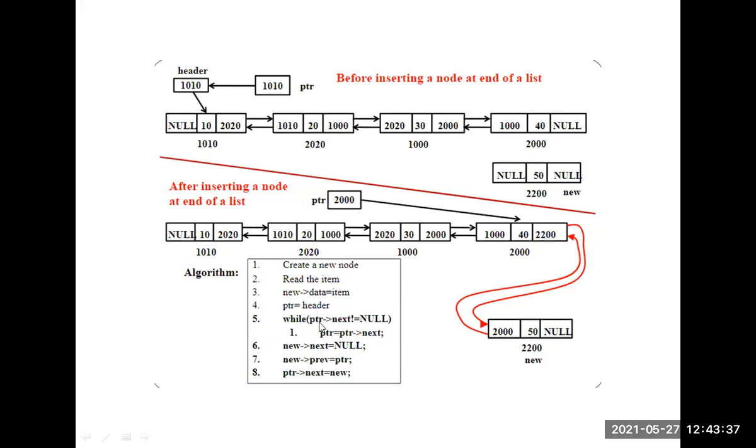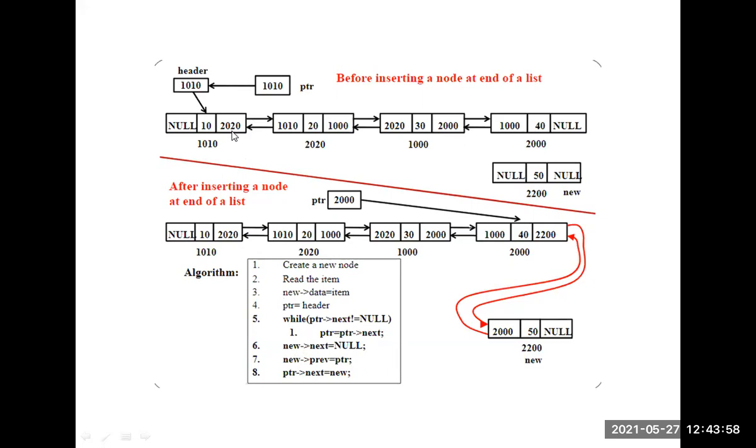That is pointer, so pointer of next. Initially I am assigning header to pointer. What is header? It is 1110. Now pointer is 1010. Then pointer of next is the next node address, 1010, which means the right link. Here pointer of next means right link.